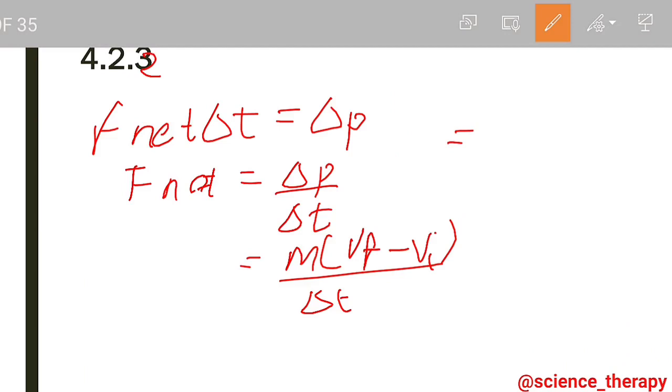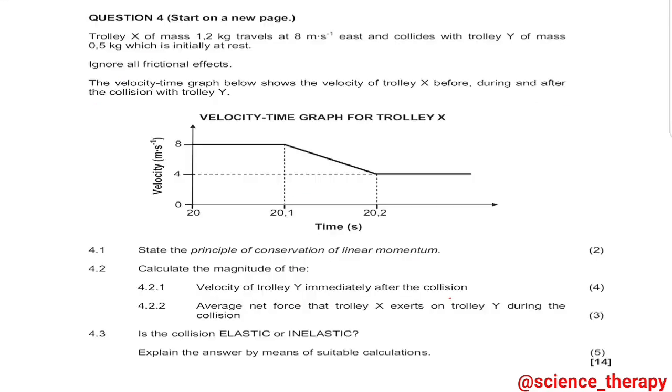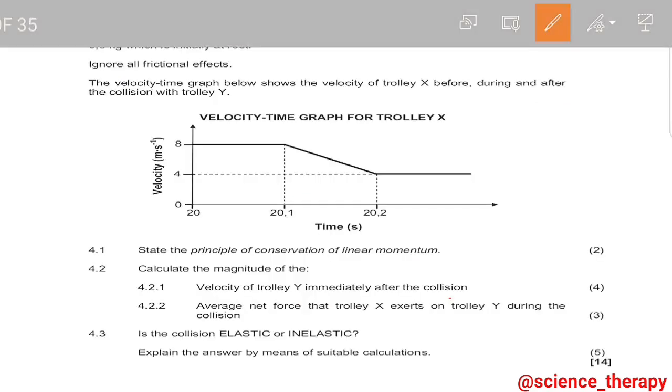The mass, what do we have for the mass? It's 1.2. And the velocity finally is 4, minus 8. We are tackling this one in reference to trolley X. Then change in t: what is the change in t? This is the time it takes for the collision to happen, or the time in which the net force is acting on that object.